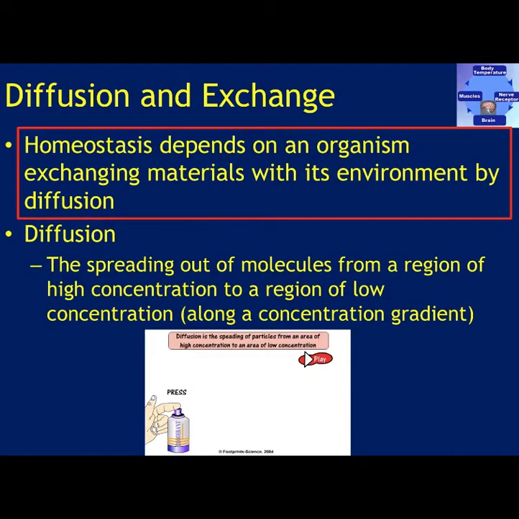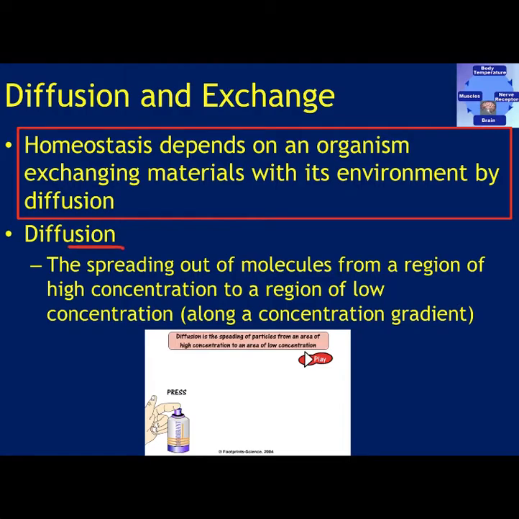Now, in terms of diffusion and homeostasis, in reality, it depends on the type of organism first and foremost. So are you a single-celled amoeba or bacteria, or are you us, multicellular? It really does depend on what materials and what type of organism we are. Now we're in the second row and second cell.